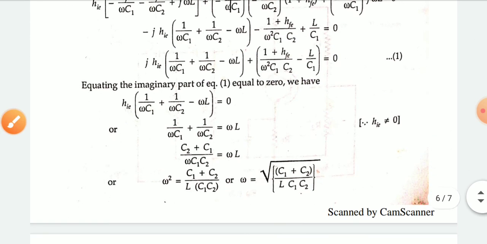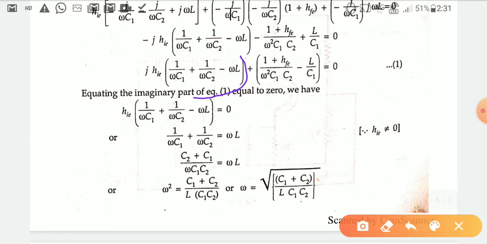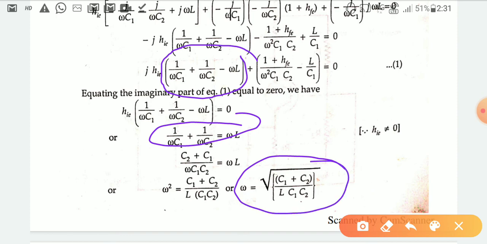This can be written as such. This is the imaginary part, so this section is equal to 0. That is 1 by omega C1 plus 1 by omega C2 equal to omega L. From there you can write omega is equal to root over of (C1 plus C2) by L into C1 C2.